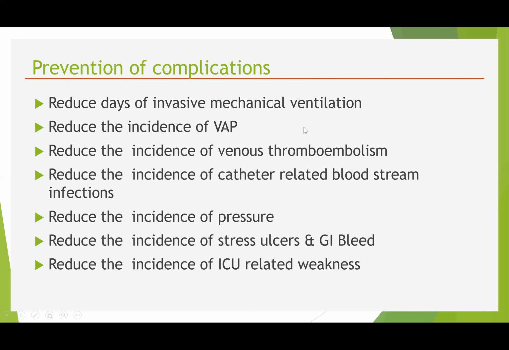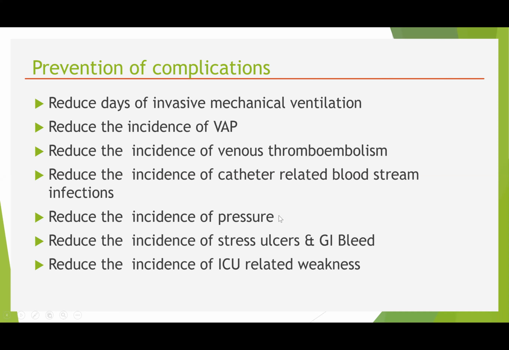We have to wean the patient, reducing the incidence of ventilator associated pneumonias, reduce the incidence of venous thromboembolism by using anticoagulants, reduce the incidence of catheter related bloodstream infection by using special septic precautions, and reduce the incidence of pressure sores. Pressure sores are a source of infection.